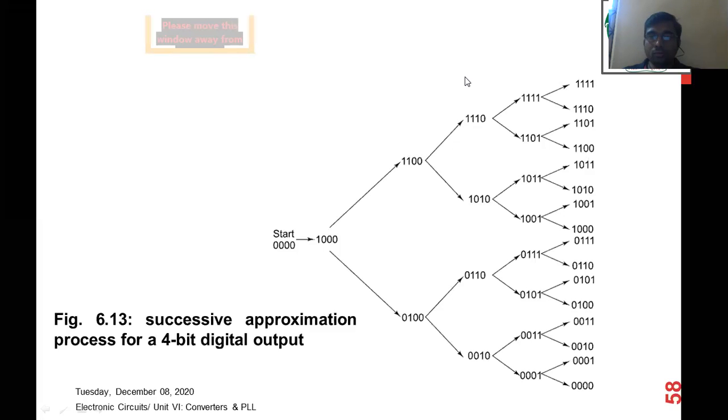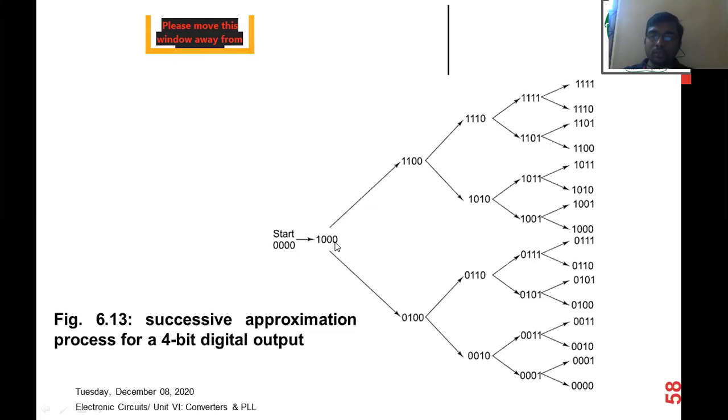You can see it from this diagram. If you want to note it down, you can take a screenshot. This is the 4-bit successive approximation process. We start with 0000, and initially the MSB is 1 and the rest of the 3 bits are 0.